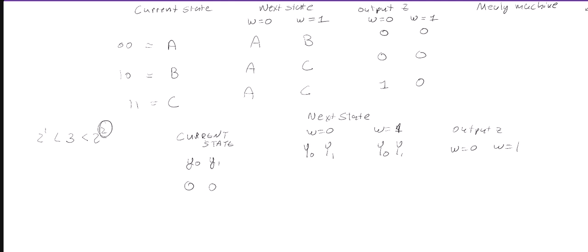So 0,0, 1,0, 1,1. I'll replace all of my A's with 0,0, all of my B's with 1,0, and my C's with 1,1. And my output remains the same.